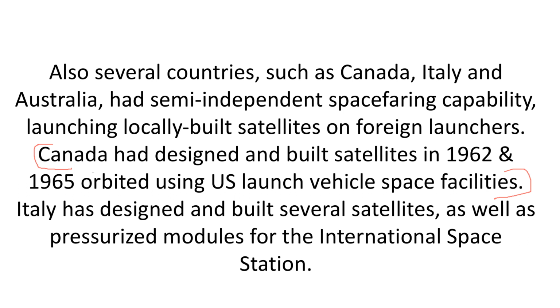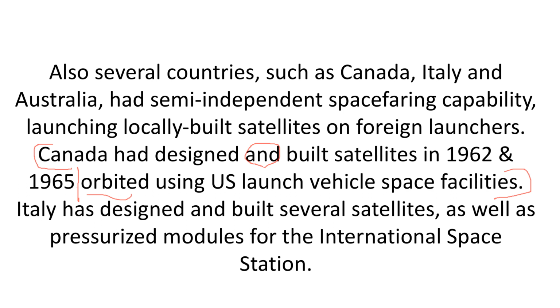Now this sentence says Canada had designed and built satellites in 1962 and 1965, orbited using US launch vehicle space facilities. So you can pause here at one place, and then the other place, just take a logical midpoint. Anywhere in the middle, you can pause where it sounds logical.